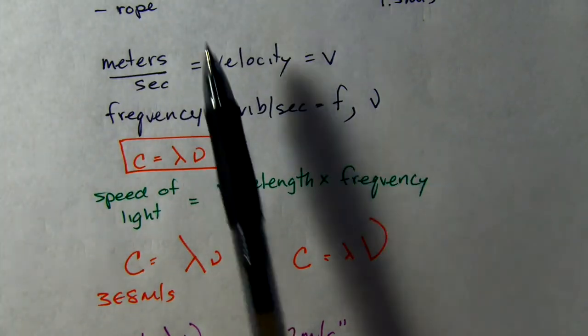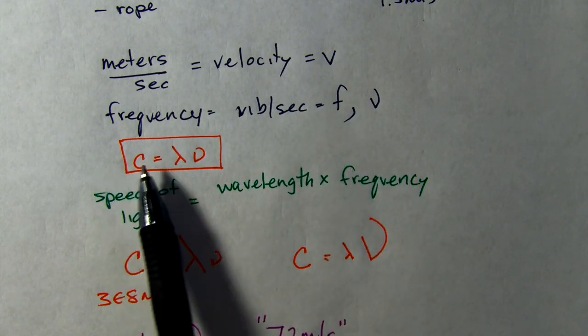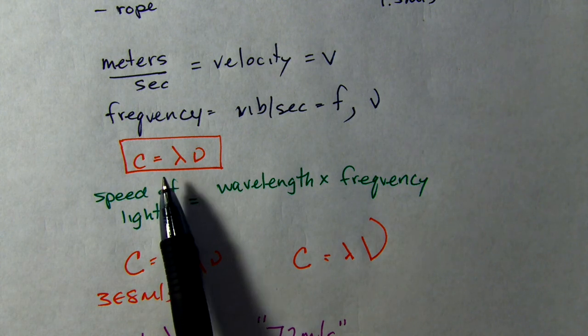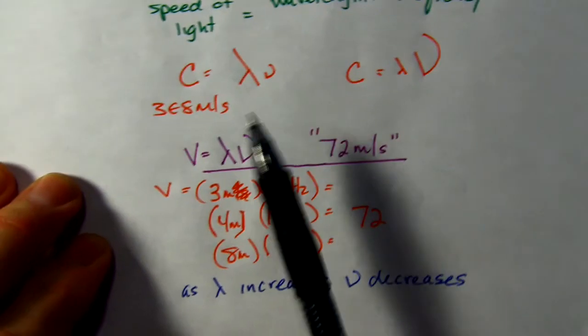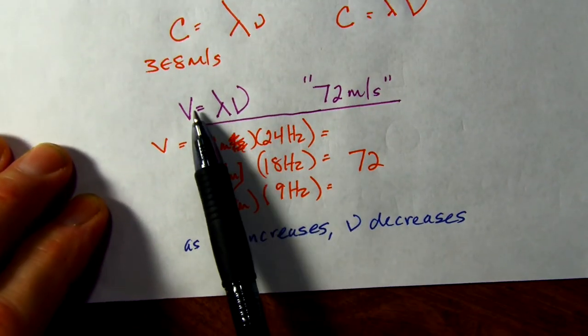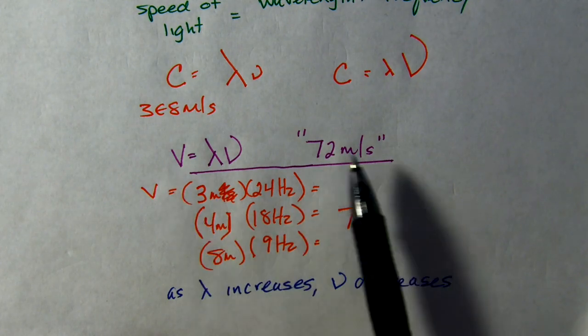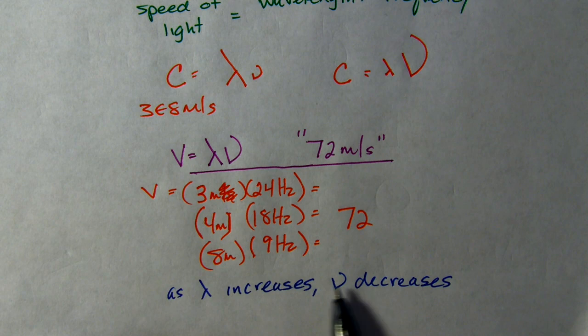Okay, so some of these things you've seen before: meters per second and frequency. Okay, the most common equation is here, but it relates not only to light but also to common things. So if we talked about a rope or a spring, we would have this situation here. This tells us that there's an inverse relationship between wavelength and frequency.